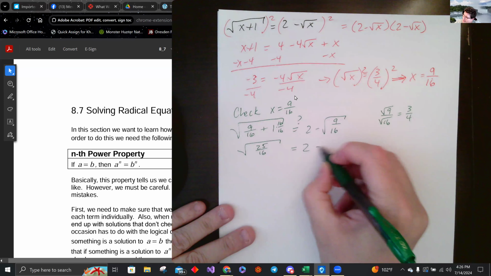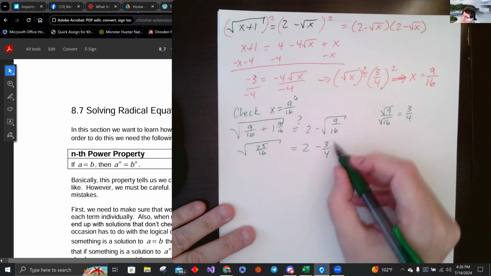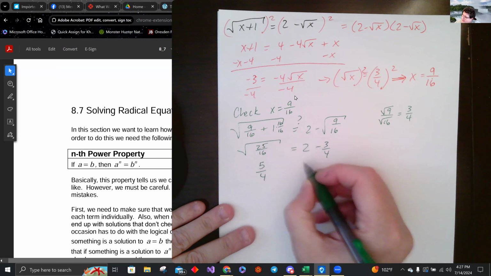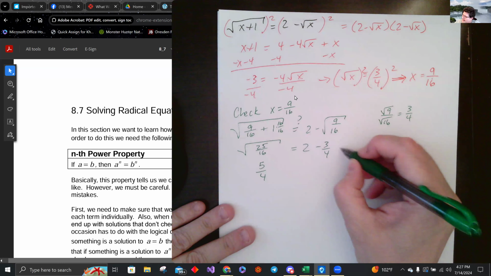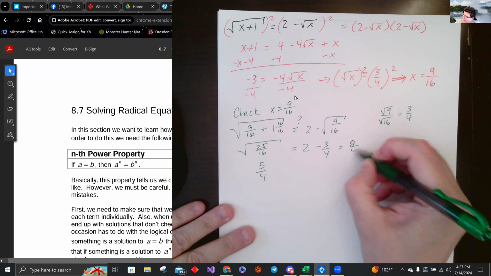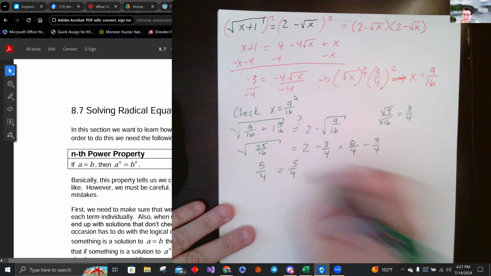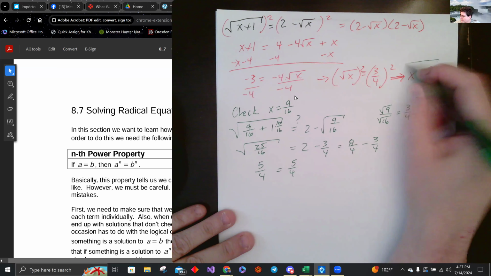So this is 2 minus 3/4. Here, I separate this. I've got 5 over 4 if I do square root of 25 over square root of 16. Here, 2 is the same thing as 8 over 4, minus 3 over 4. And we do get 5/4 on both sides. So x equals 9/16 works.